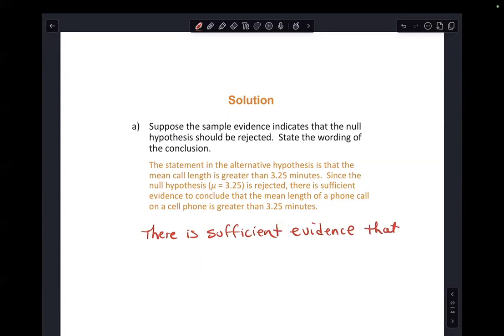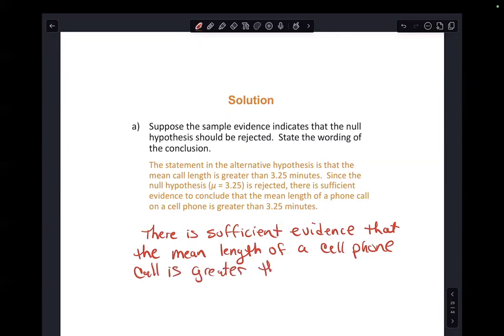That the mean length of a cell phone call is greater than 3.25 minutes.